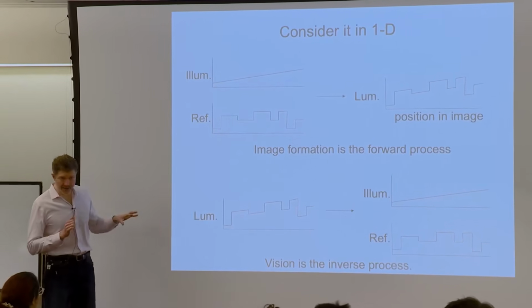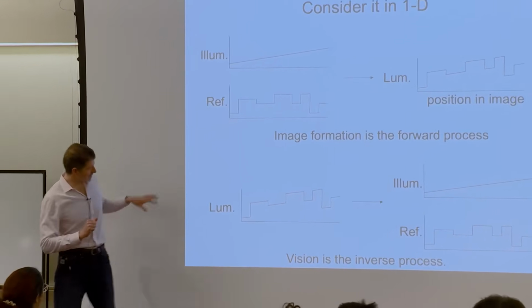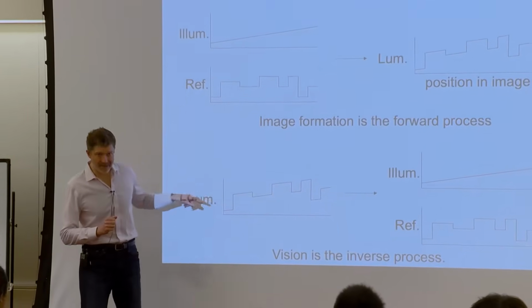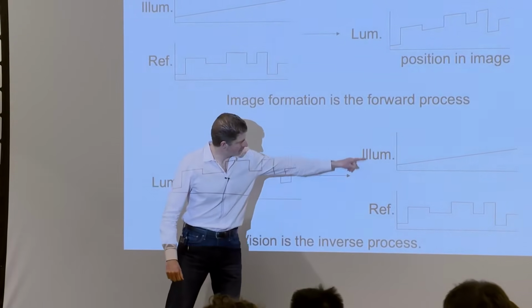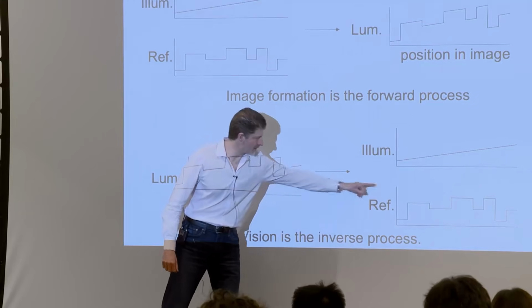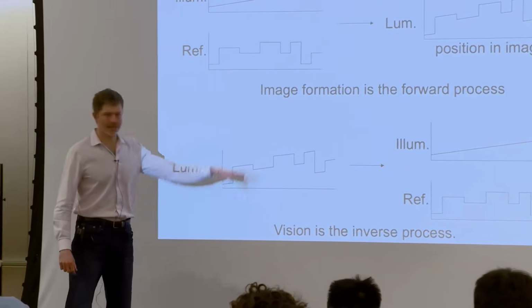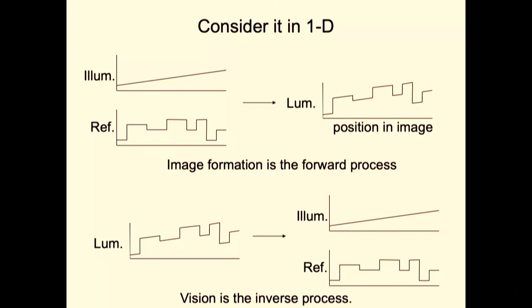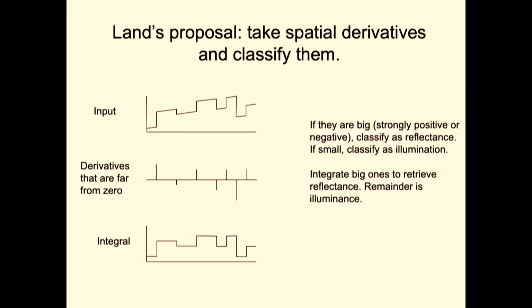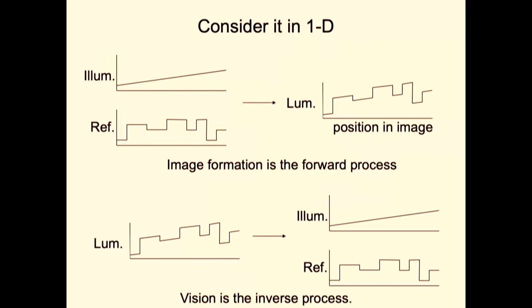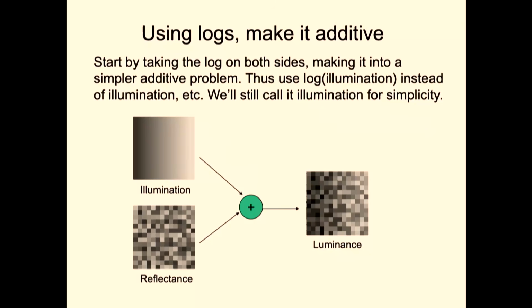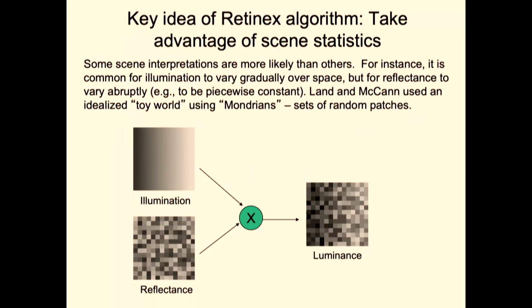Okay? So vision is the inverse process of starting with this luminance image and somehow estimating the illumination and the reflectance. Now, normally you're mostly interested in the reflectance, but if you estimate the reflectance, then you probably could also estimate the illumination, and maybe you would need to in order to do that. All right, so the key proposal on how you would solve this inverse process is to take advantage of this assumption about the world that illumination varies gradually and reflectance varies abruptly.